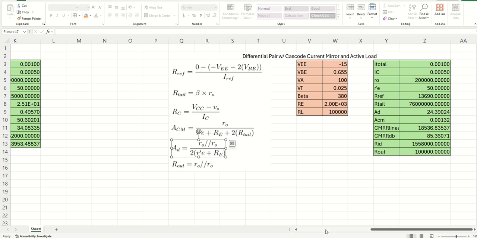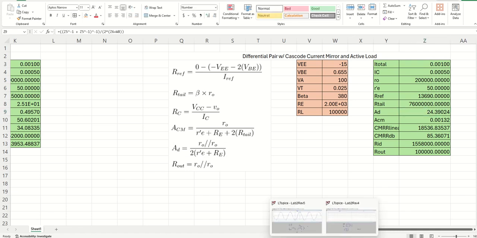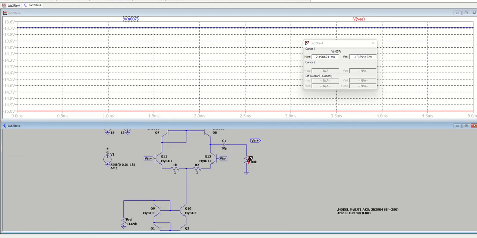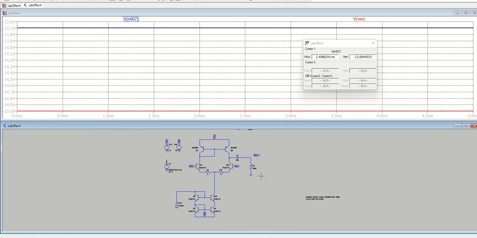Again, if it's not extremely accurate, just know that you can adjust that emitter resistor to get a gain of 25. And take a look at not having a load versus having a load, and experiment with different load values.